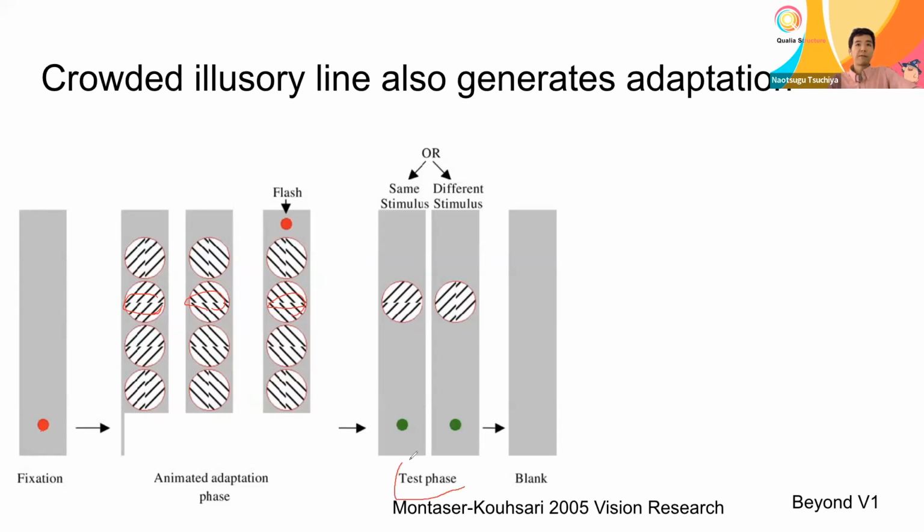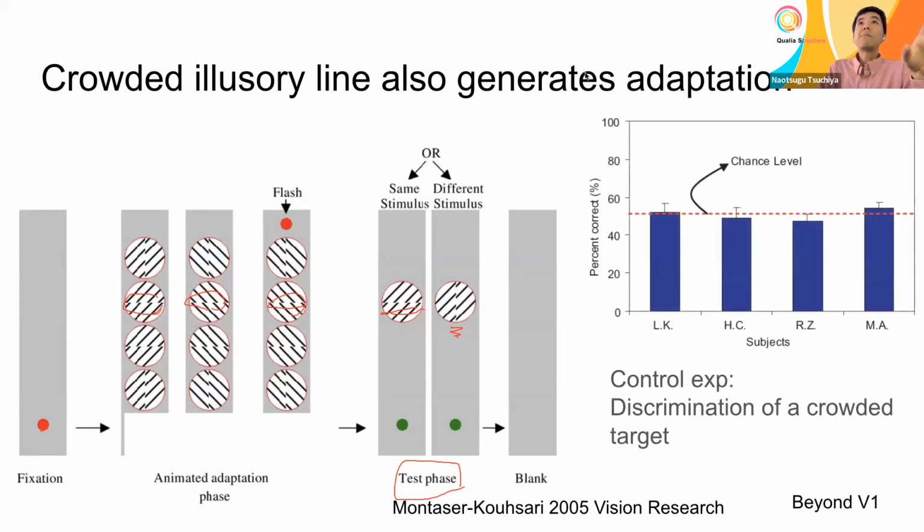During the test phase, they showed only either the same stimulus or a different orientation stimulus, and asked them to press the button for vertical or horizontal.